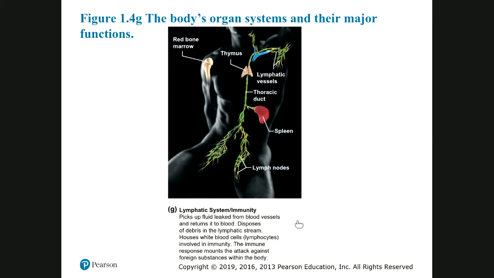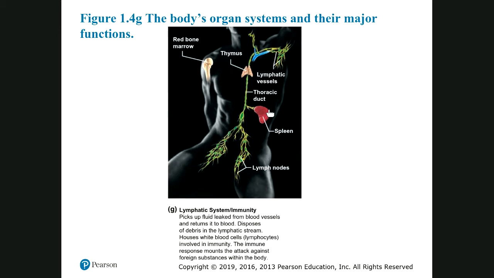Okay, so our lymphatic system picks up fluid leaked from blood vessels and returns it to the blood. It disposes of debris in the lymphatic stream. It houses our white blood cells, and it is involved in immunity. The immune response is going to mount an attack against any foreign substance within the body. So this is our lymphatic system and our immune system.